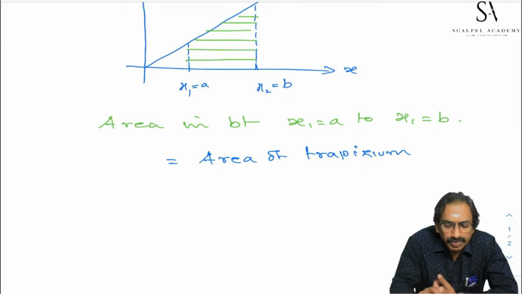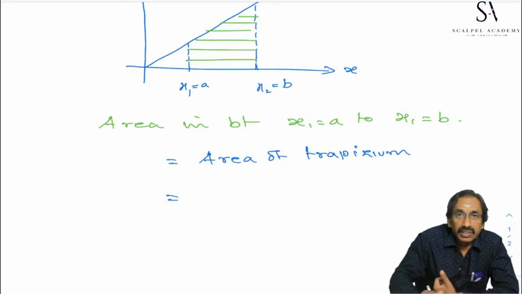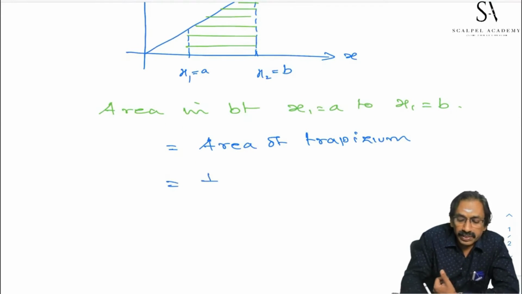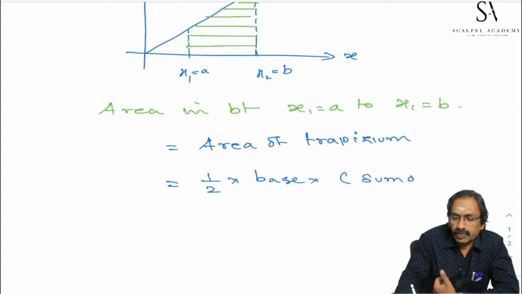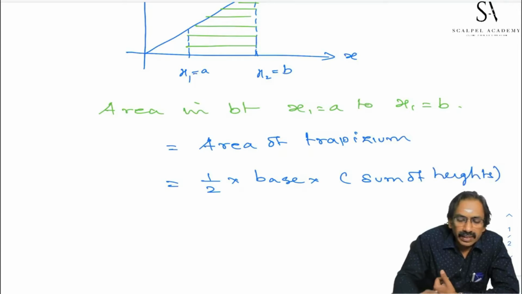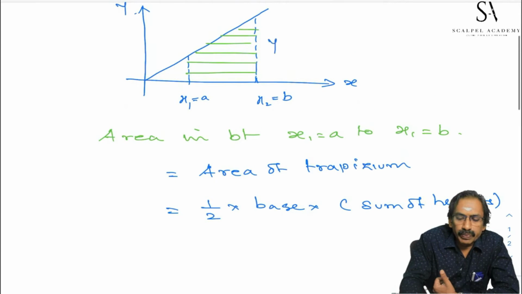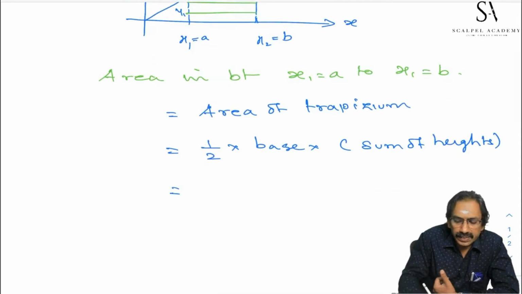Student, you should know the formula for the area of a trapezium. That is half into base into the sum of heights. This height is y2. This height is y1. Base, that is x2 minus x1.